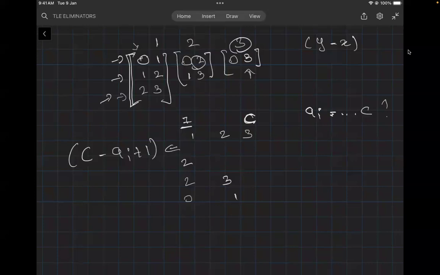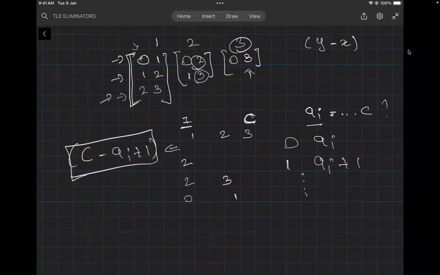Here, I could have taken it as 2 and 3. The formula is just C minus Ai plus 1, because I can take all elements as y, from Ai, Ai plus 1, till the point this is C. How many values are these? This is C minus Ai plus 1, the number of elements in a range. Is this much clear? Put a yes in the chat if this is clear, right?